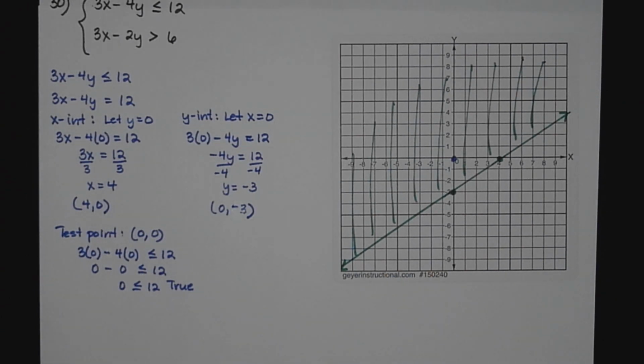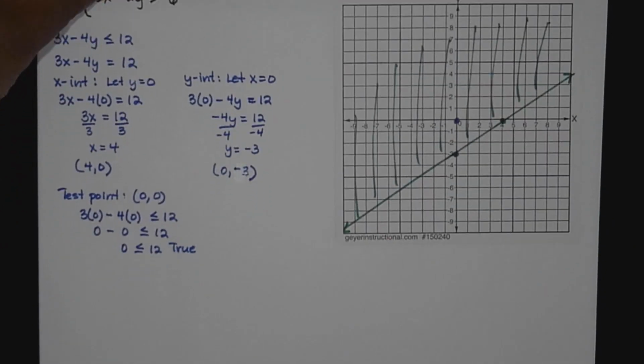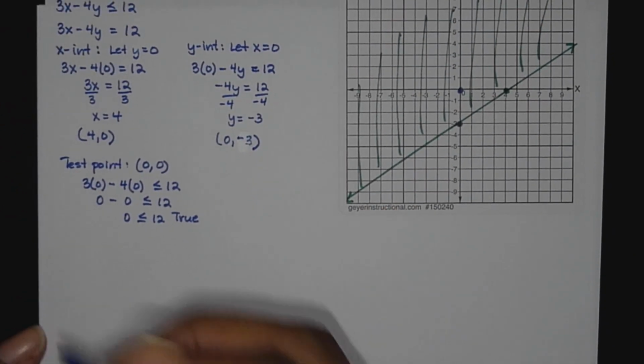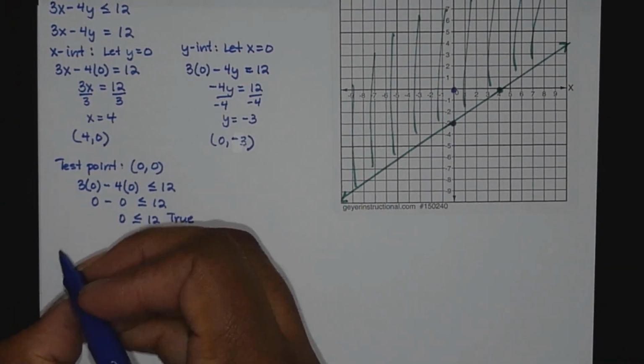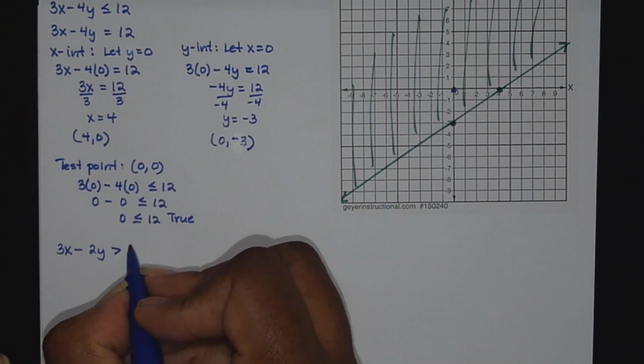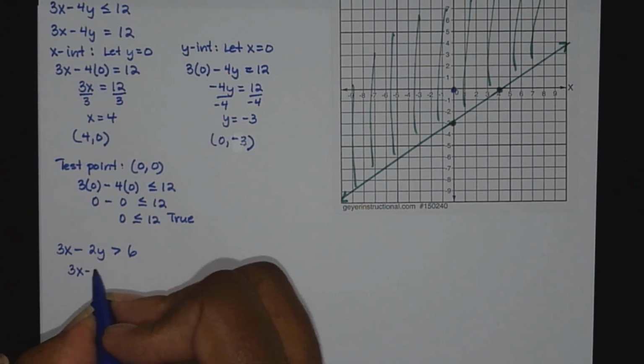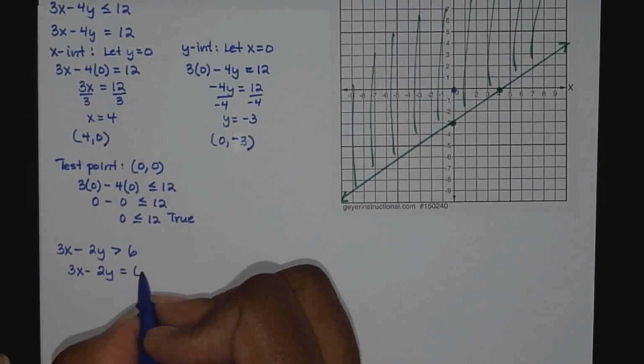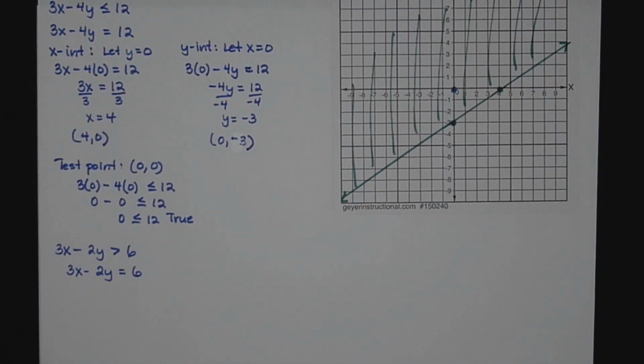And then next is the inequality 3x minus 2y is greater than 6. Again, I'm going to treat this as 3x minus 2y equal to 6. And here I'm going to use x and y intercepts.